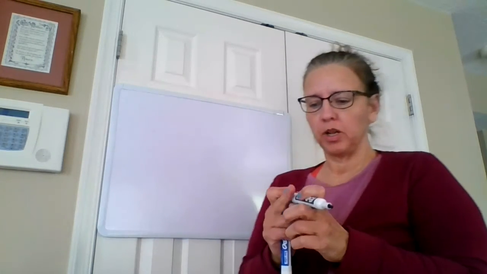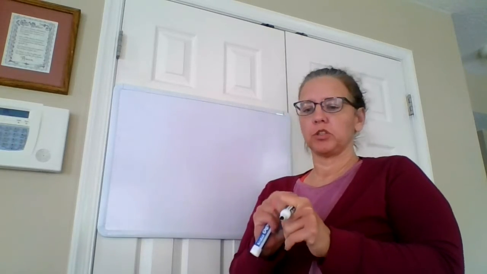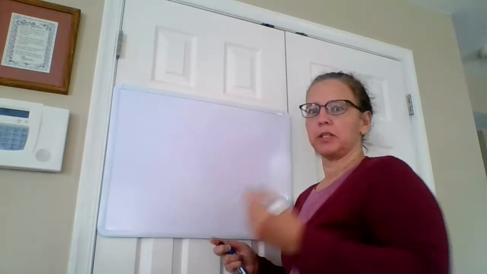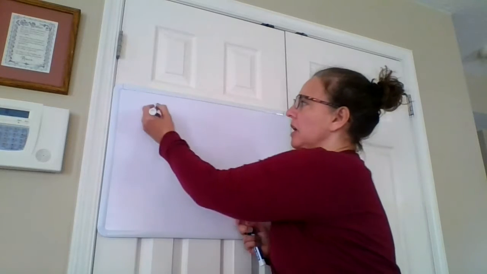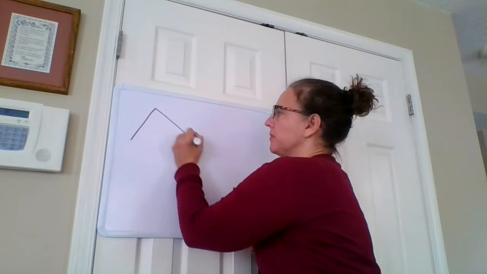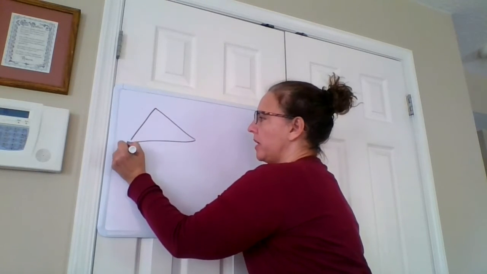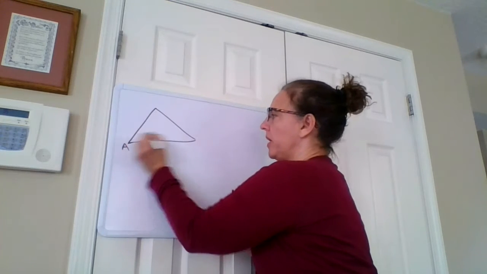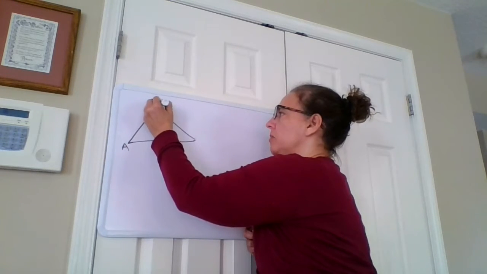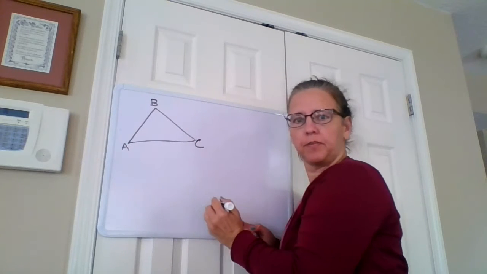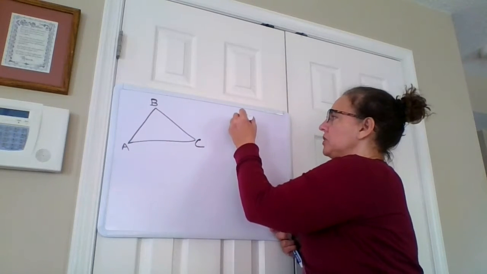Okay, our next unit is going to be congruent triangles. Congruent means same shape, same size. So when we have a triangle, we label it by the vertices A, B, C, and then we have this triangle.